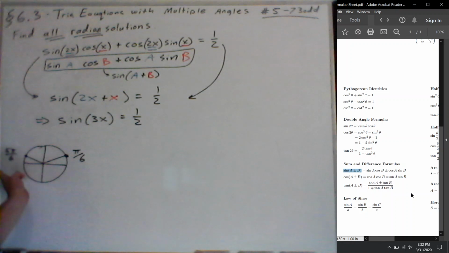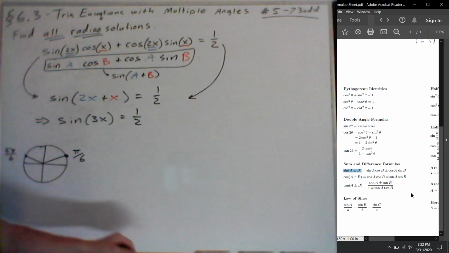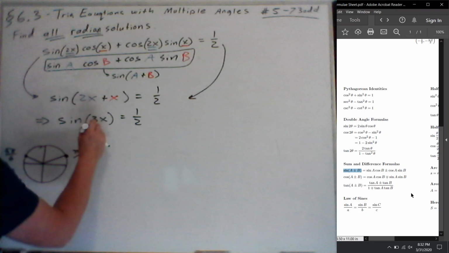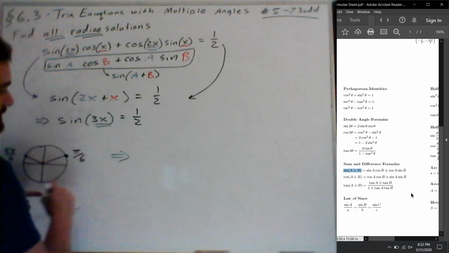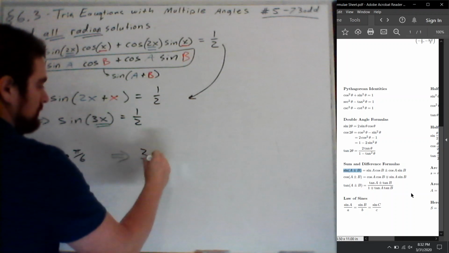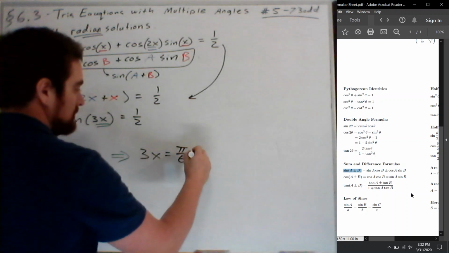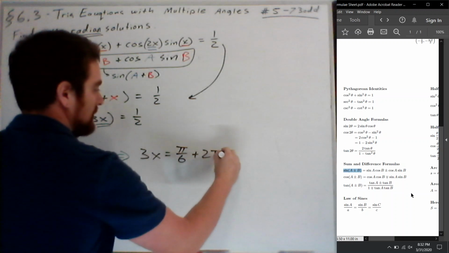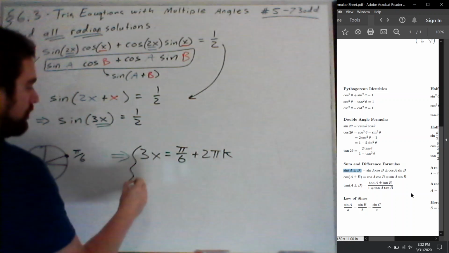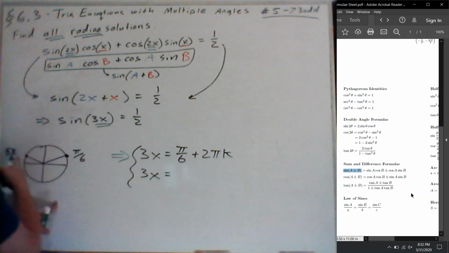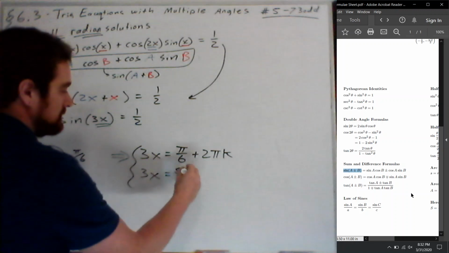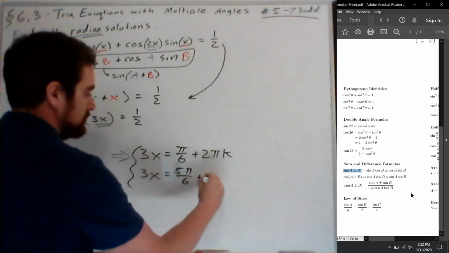I go to 6 pi over 6, but back it up one for me, 5 pi over 6. So that means this angle 3x is pi over 6 plus 2 pi k, or this angle 3x could be 5 pi over 6 plus 2 pi k.